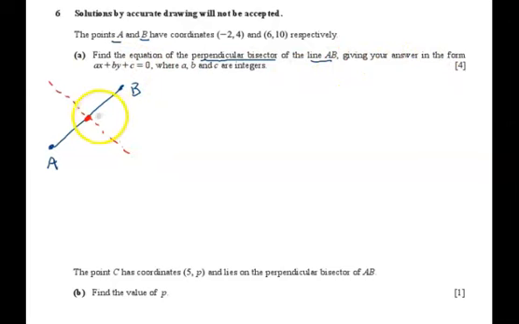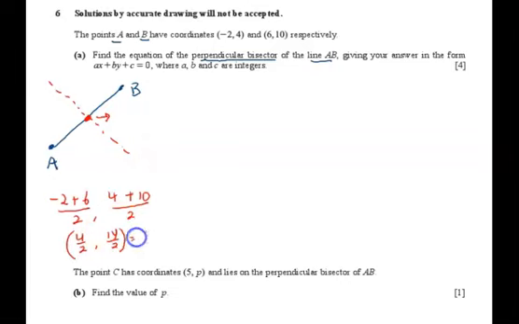First we have to find this midpoint. So the midpoint here will be negative 2 plus 6 divided by 2, and for y we take 4 plus the second y, 4 plus 10, divided by 2. So you got 4 divided by 2, and 14 divided by 2, which will give you 2, 7. So this midpoint is (2, 7).